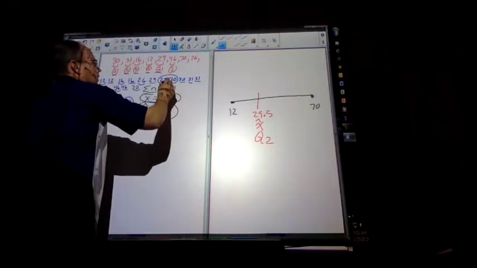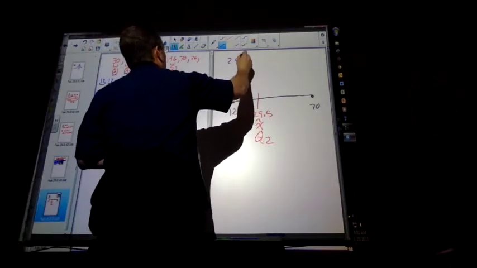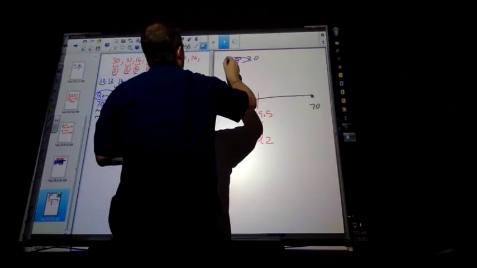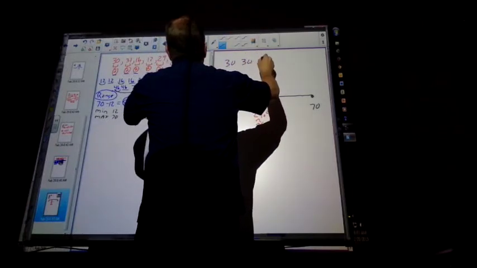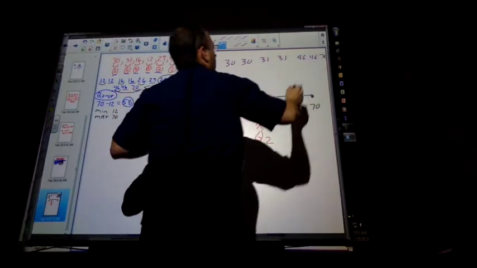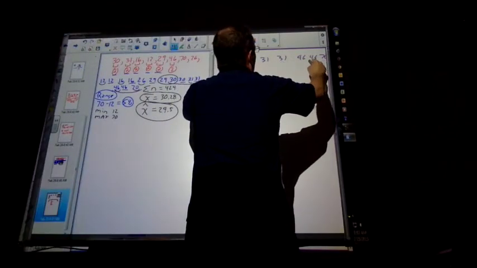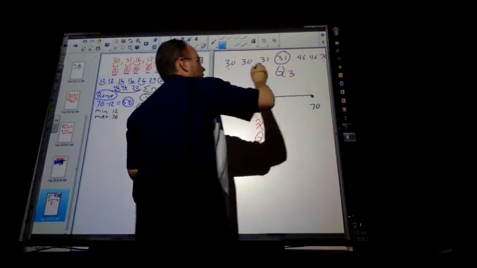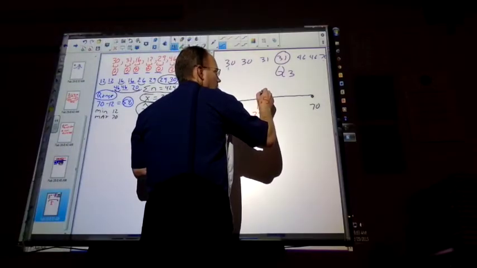So I'm going to go 30, 30, 31, 31, 46, 46, 70. 70 kind of fit there. The middle, coming in, coming in, 31. 31 is the middle of my data. So I have 31 about here.